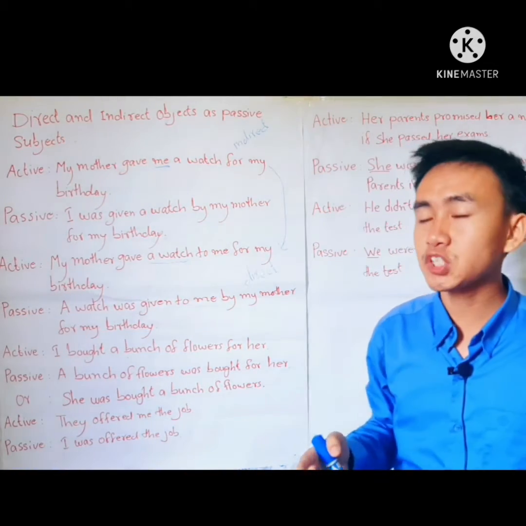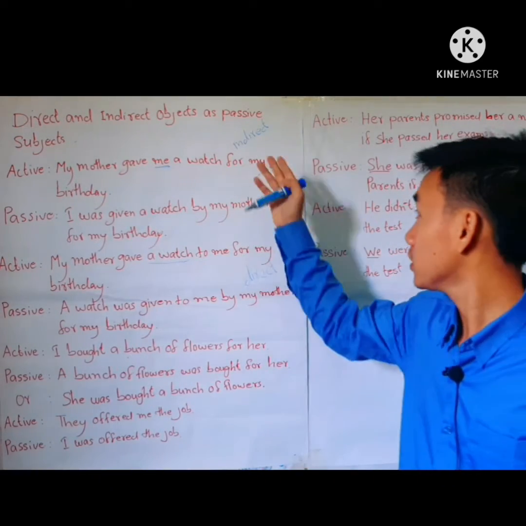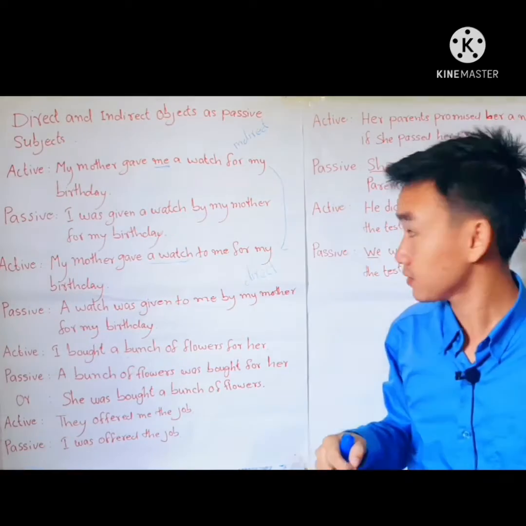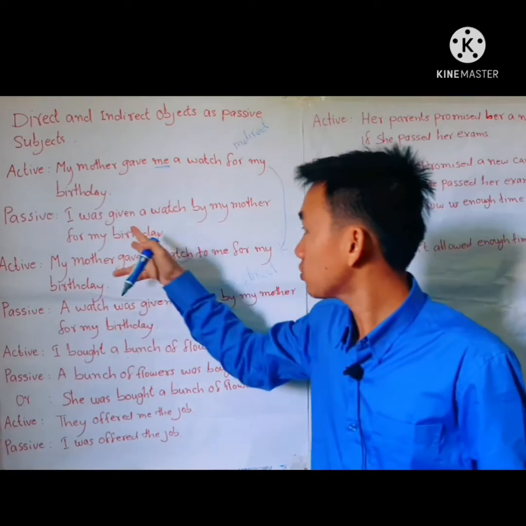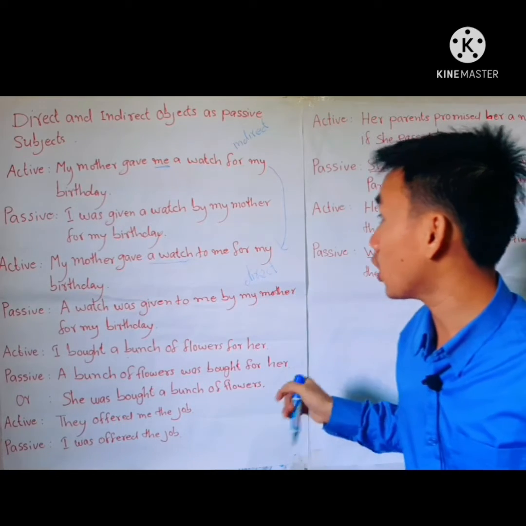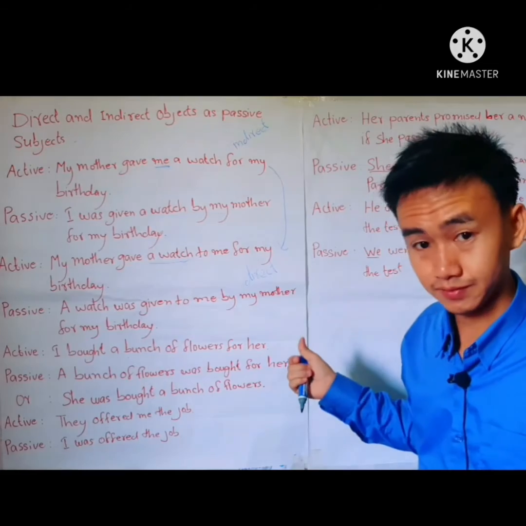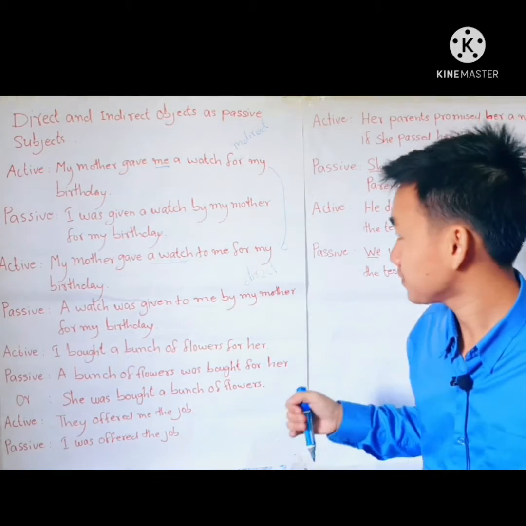And please take a look when we change to the passive one. Let's look at the indirect first. In this one, when we change to the passive, it would be like: I was given a watch by my mother for my birthday. Why is that?